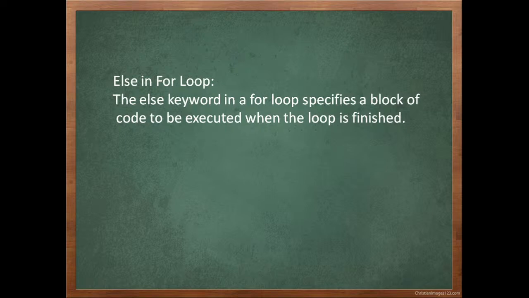When we use it with an if condition, if the if statement hasn't executed, the else statement will be executed. But when we use the else statement with a for loop, the else statement will be executed after the looping of the for loop has finished.